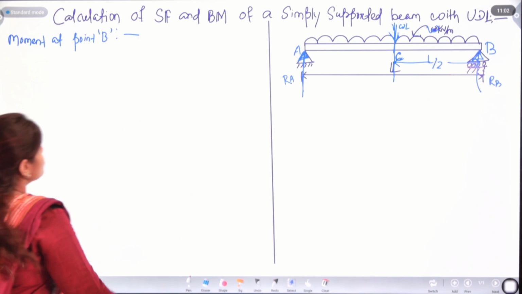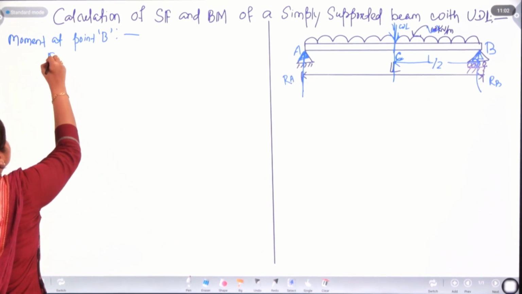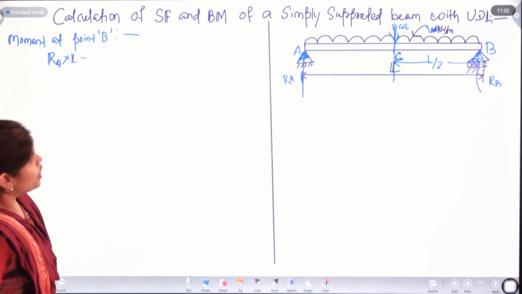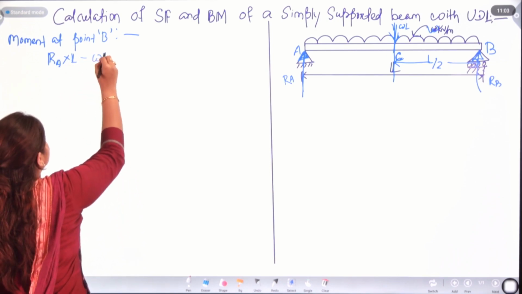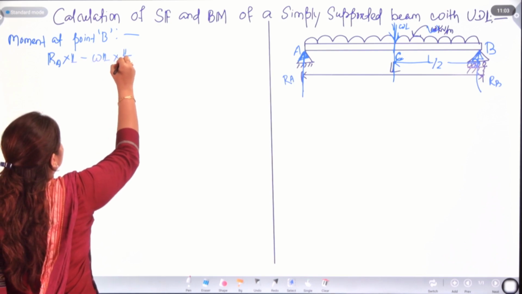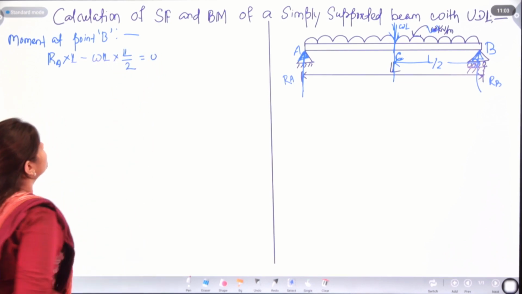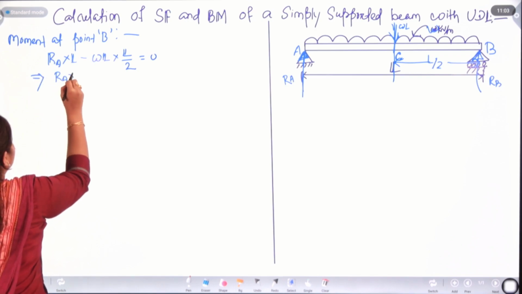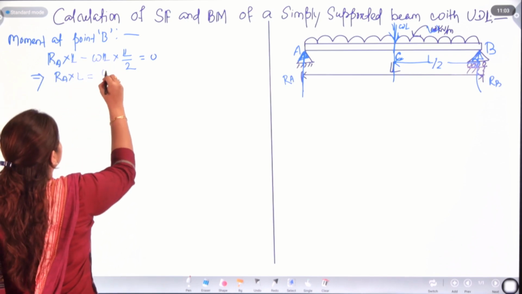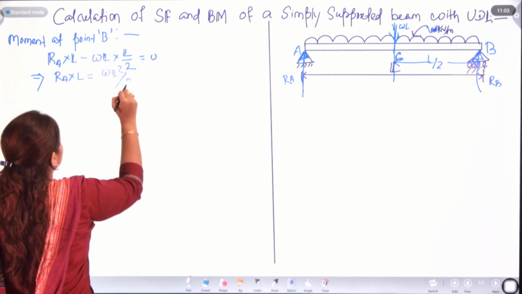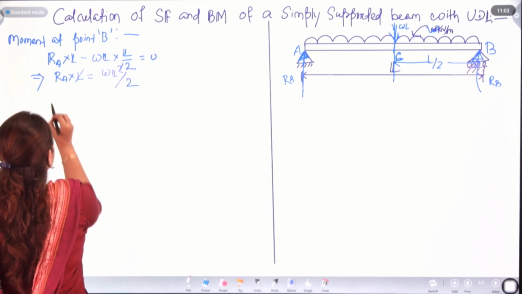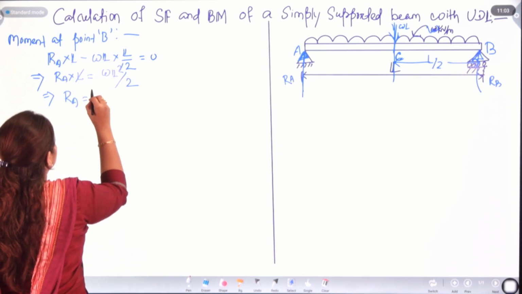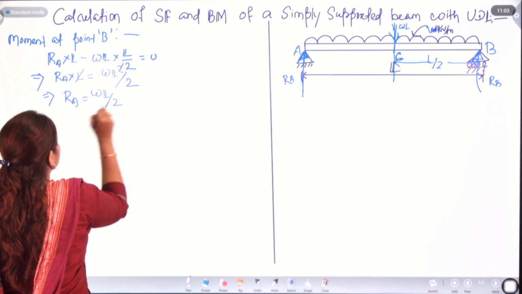So RA into L minus WL into L by 2 is equal to 0. We can write RA into L will be WL square by 2, and here RA is going to be WL by 2.